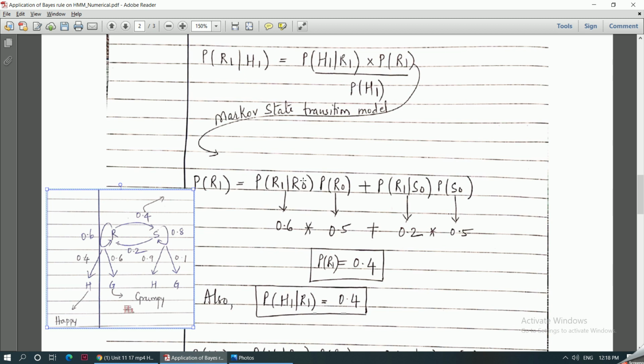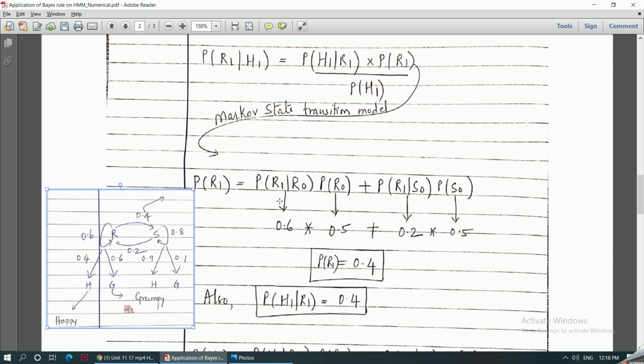So it is R0, the probability of it to be raining on day 0. Now because we have got happy in both rainy as well as in sunny, we will be finding it for both, that is S0 as well as R0. Clear? So probability of rain 1 given R0, plus probability of rain 1 given S0. Now these values are nothing but obtained from your transition diagram.